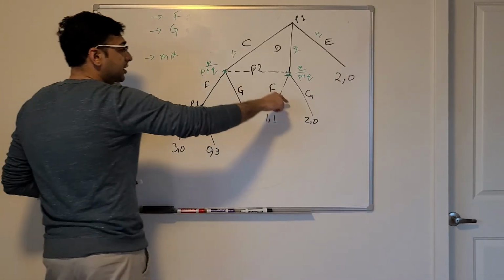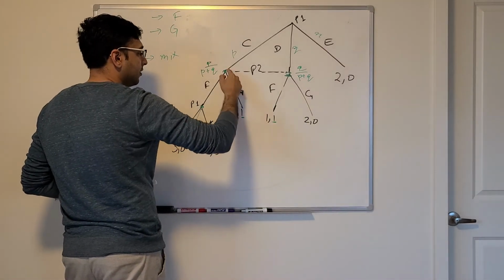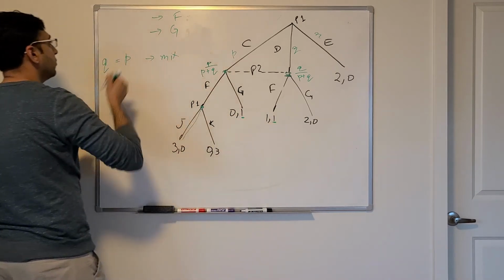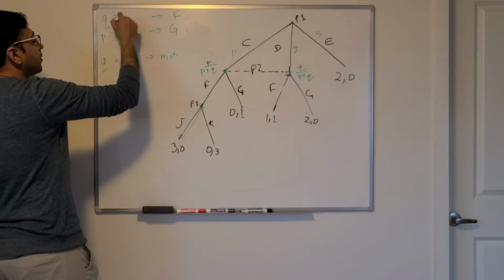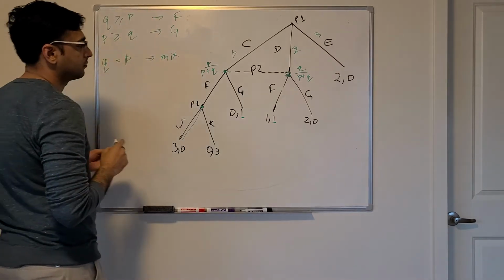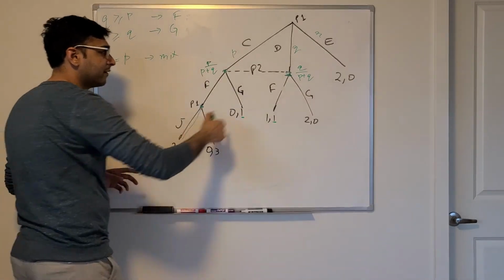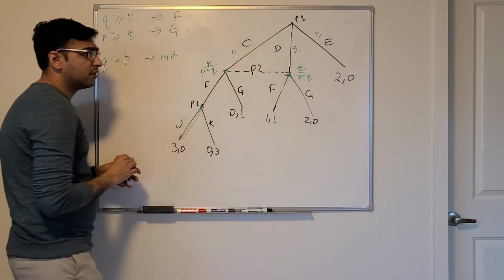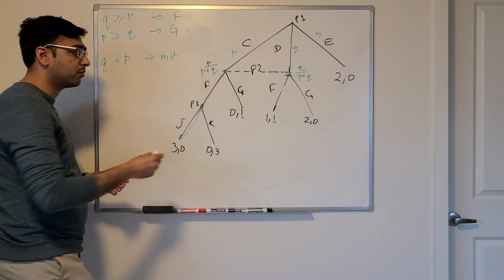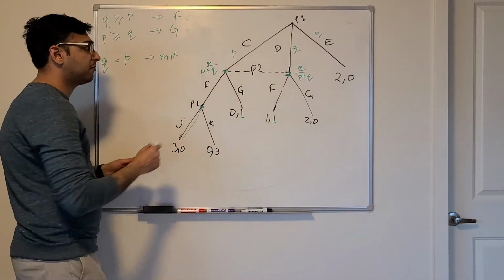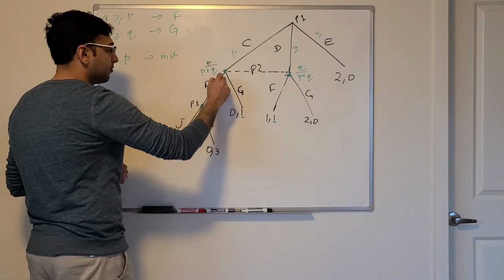You play G only if you think this is more likely, so P greater than or equal to Q. And you play F if you think this is more likely. So if player 1 plays D more often, then player 2 is always going to choose F. If player 1 plays C more often, then player 2 is always going to choose G.